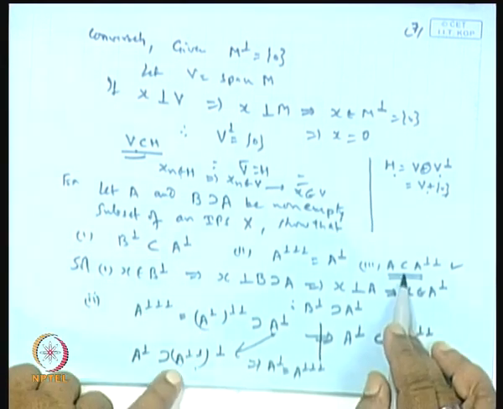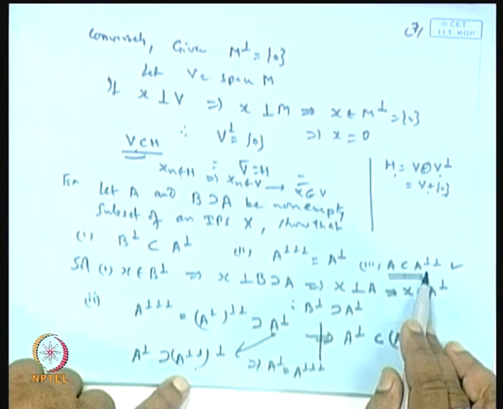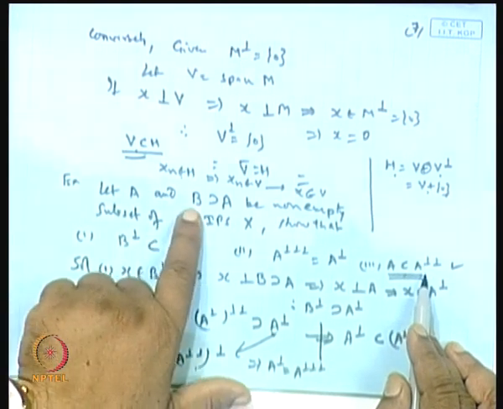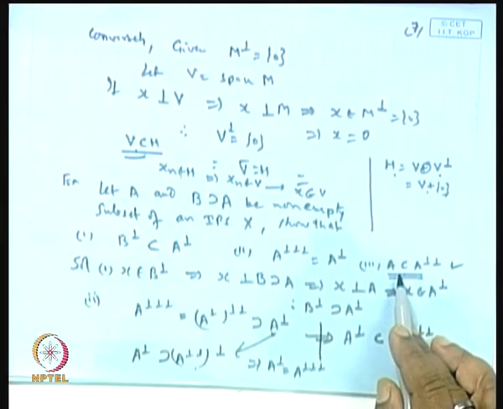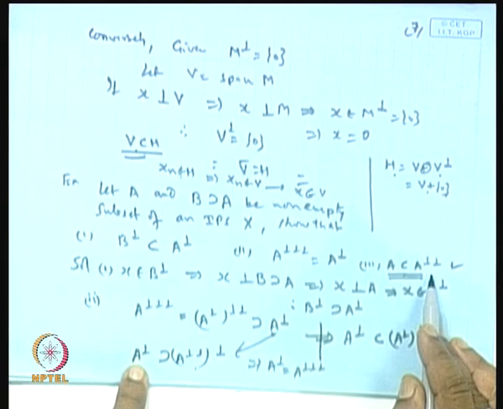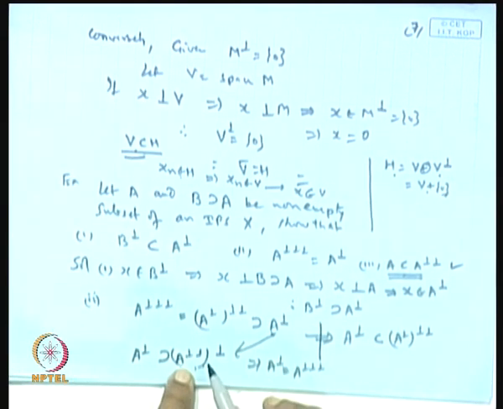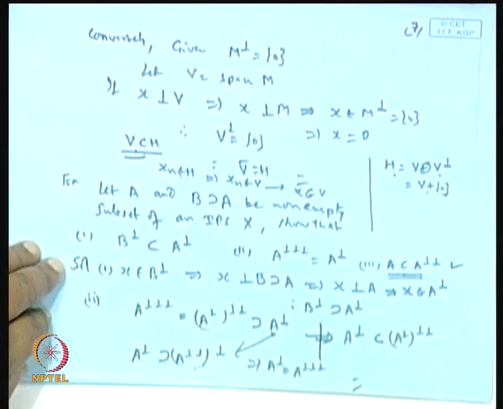Again I am taking the third: A is a subset of this. Using this result, when you take the perpendicular, the order reverses. So, here these two are opposite, is it not? So, we get this. This proves that. Clear?